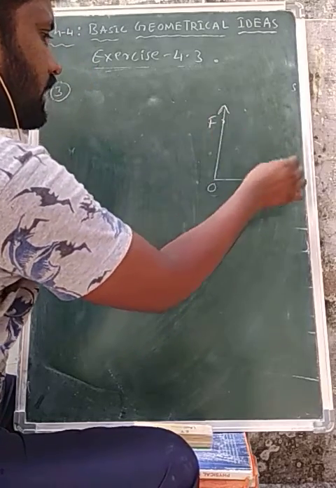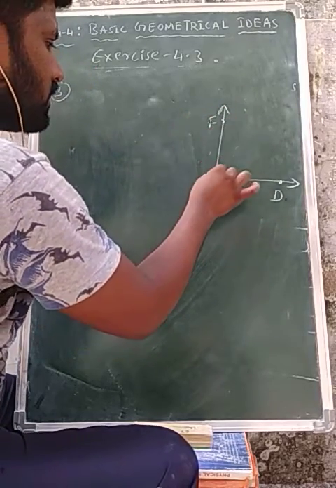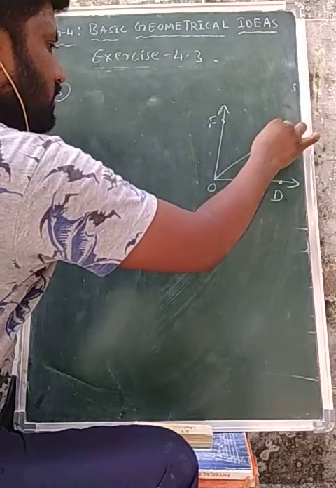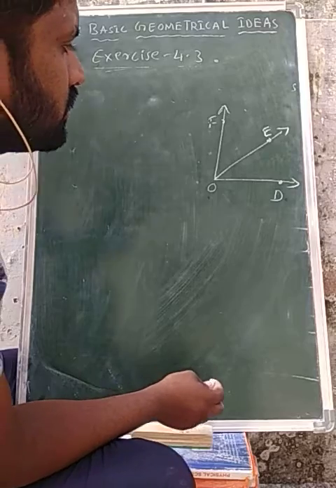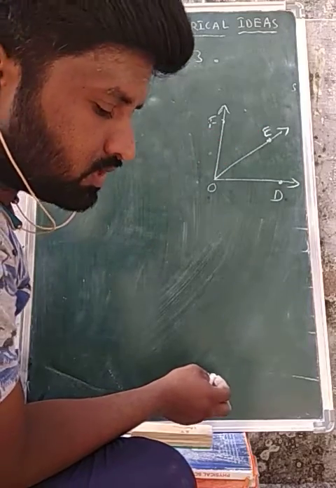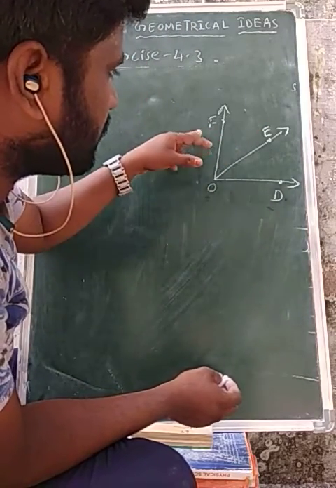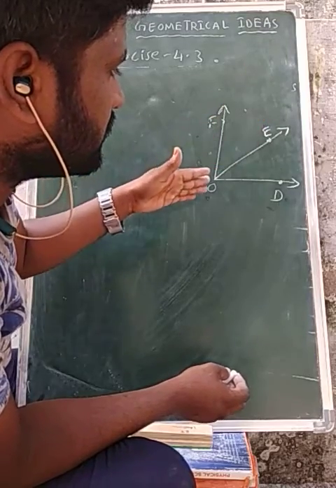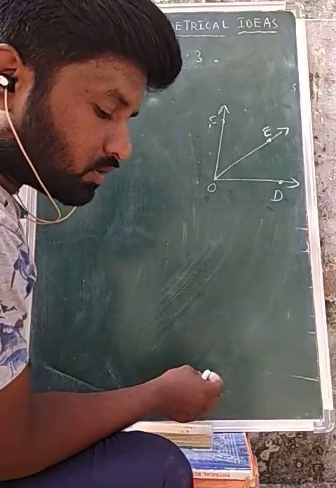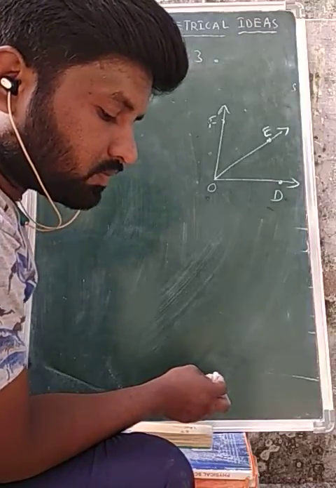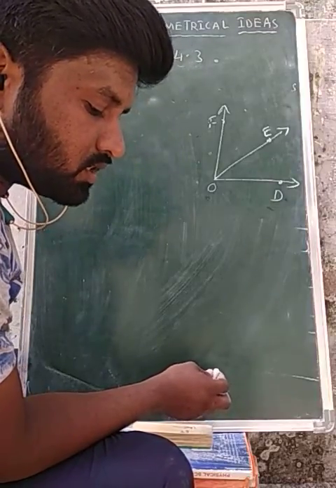Angle DOF and here given like this. So OE is the bisector of angle DOF and that exactly divides into 2 equal parts. Mark the points in the interior in the figure and satisfies all 3 conditions.